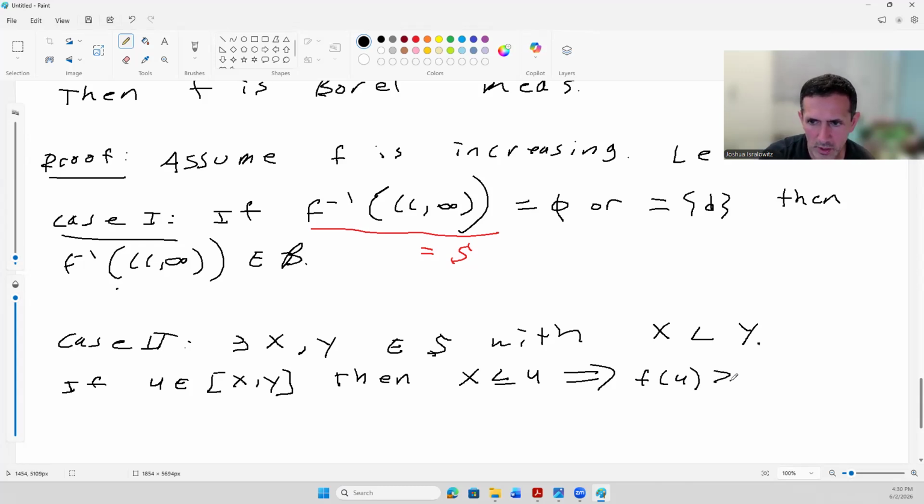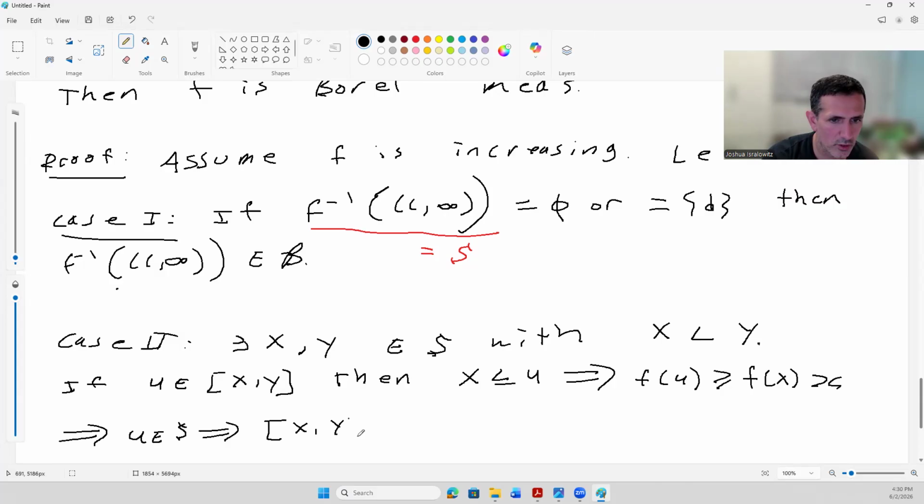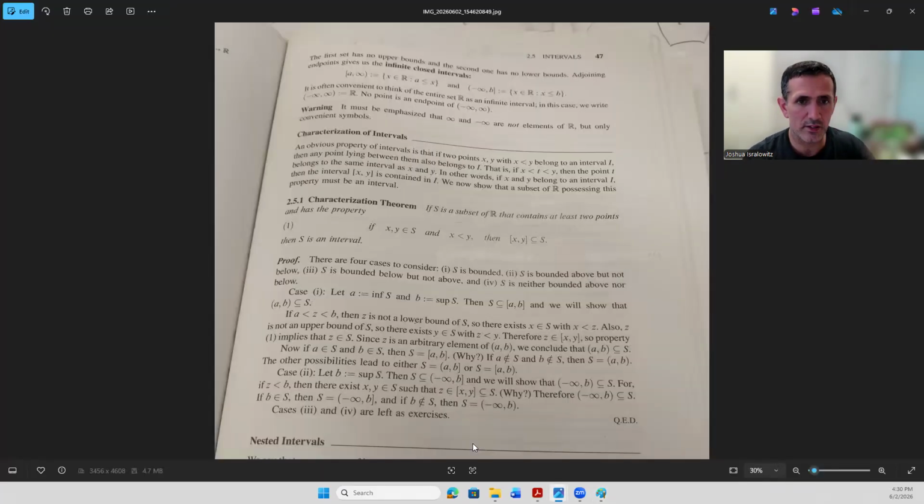F of u is defined here because F of x is in S, and so u is in S, and u is arbitrary between x and y. Again, we exactly have this. That means S is an interval.